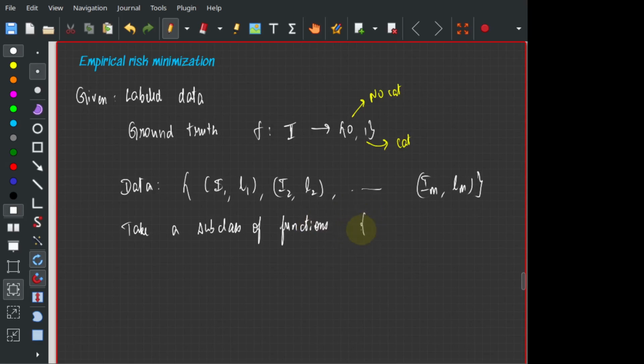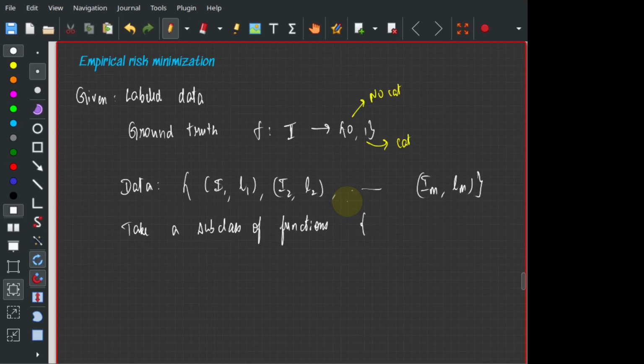For example, I could think of the set of all possible linear functions from the images to 0 or 1. A set of all linear functions whose input is an image and whose output is maybe a real number. That's one way to think about it.